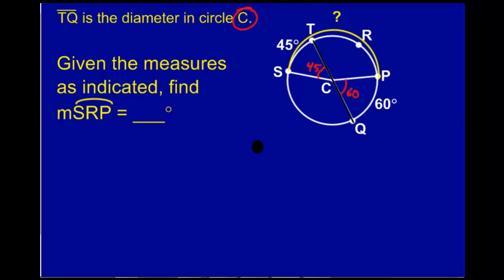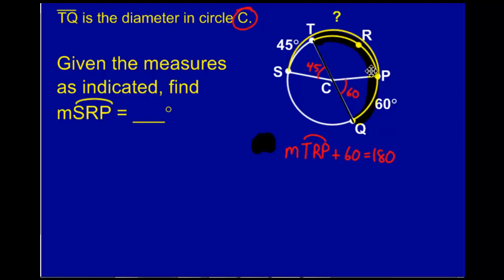So here it is, the measure of arc TP, or we could call it TRP, plus 60 equals 180. There's your semicircle. If you can't see that, I'm just going to highlight it for you. We're going to add those two together, and they're going to equal 180.